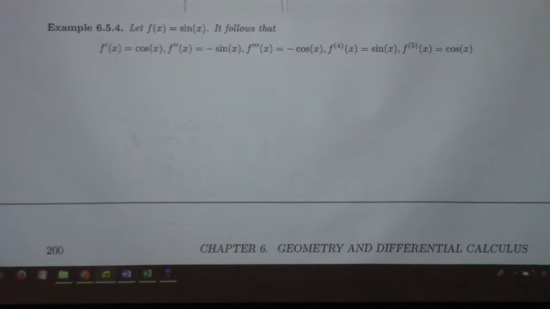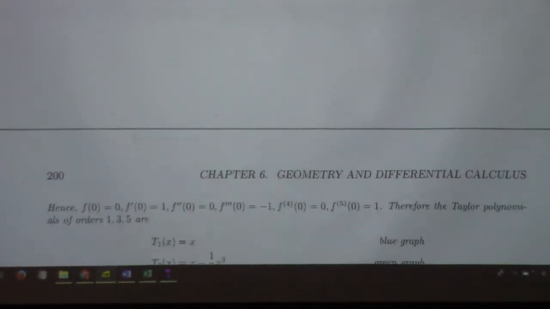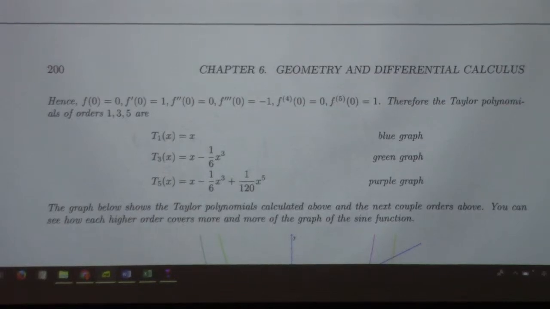Sine of x. Well, sine of x is actually pretty easy to calculate the Taylor polynomial for because derivatives of sine just go cosine or sine, plus or minus, right? And, well, here they are. The first and the third and the fifth Taylor polynomial for sine.